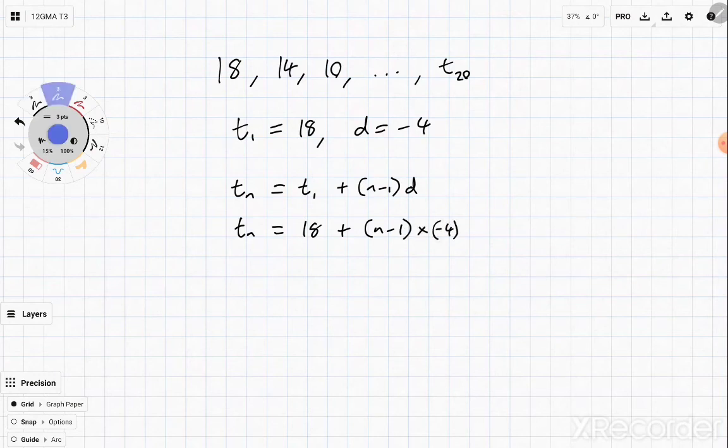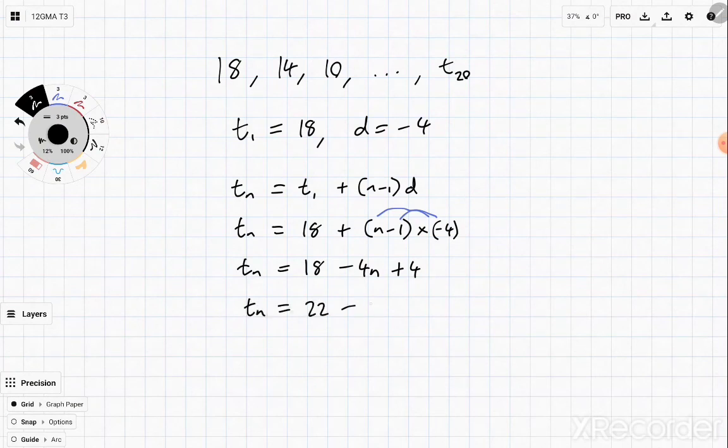Now we're going to expand out those brackets, and this time something different is going to happen. When we expand out the brackets this time, we're going to get -4 times n, which is -4n, and -4 times -1, which is actually +4. And so we get Tn is equal to 22 minus 4n. And that's our general rule.